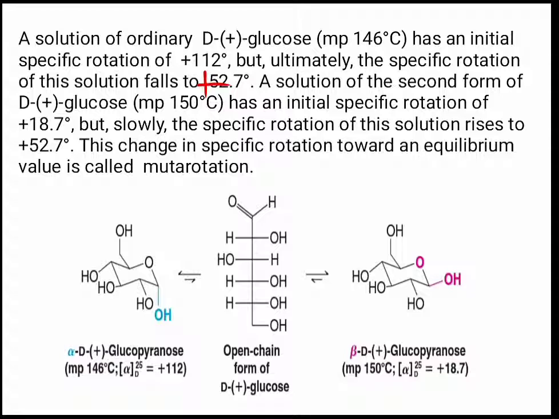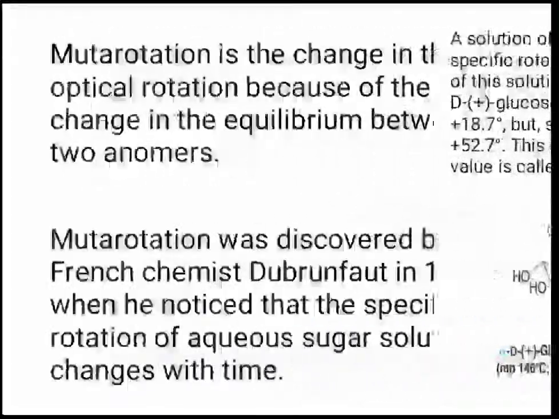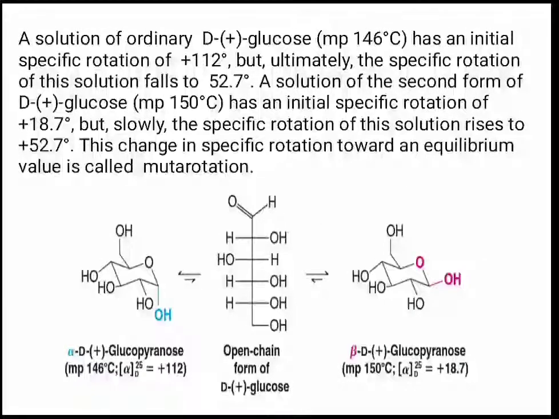That means if you take the alpha-D-glucopyranose, which has the optical rotation +112 degrees, or if you take the beta-D-glucopyranose, which has an optical rotation +18.7 degrees, both will give the optical rotation as 52.7 degrees.